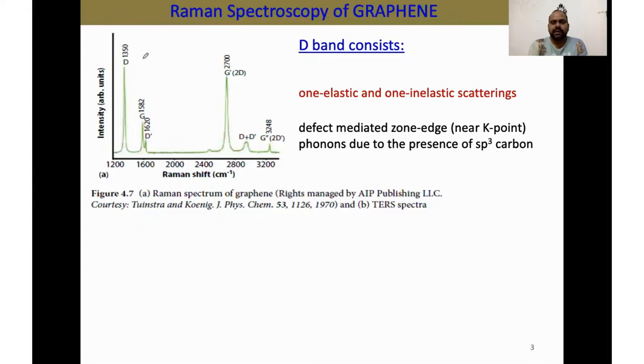This is particularly related to defects; D means a kind of defect. It is caused by the disordered structure of graphene.